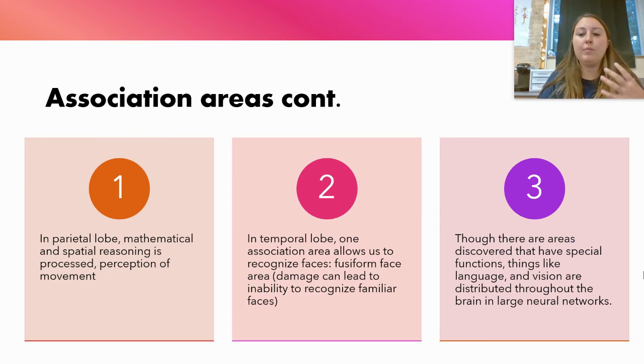So, for example, speech production is not only processed in the left temporal lobe or left frontal lobe, it's processed throughout the whole brain in different areas. And so it's not just one specific spot that controls one specific thing. Many spots control many things. And so it's just not as clear cut as that.